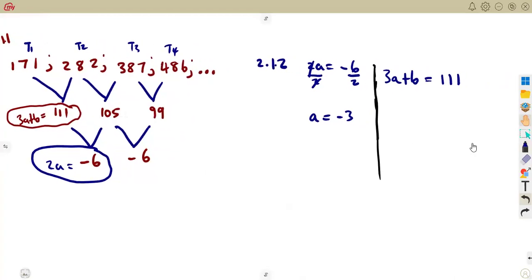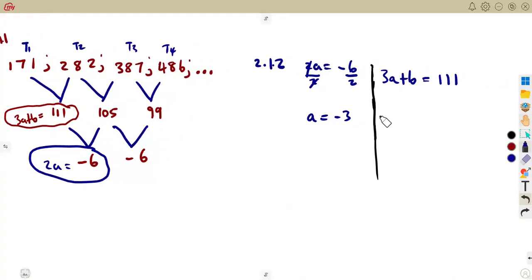Substituting the value of a, which is minus 3, that is 3 times minus 3 plus b, which is equal to 111.